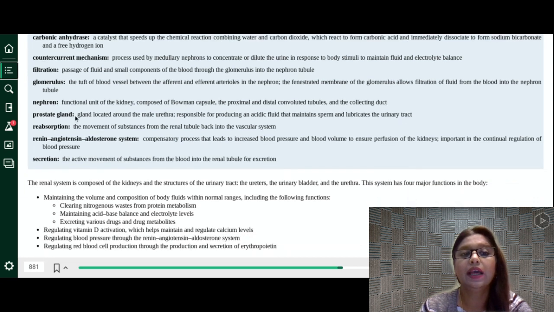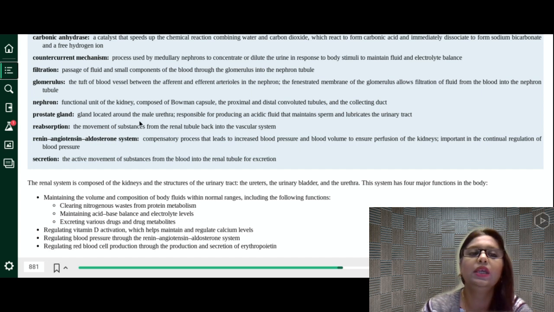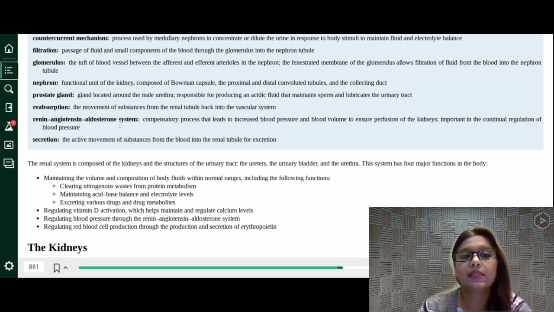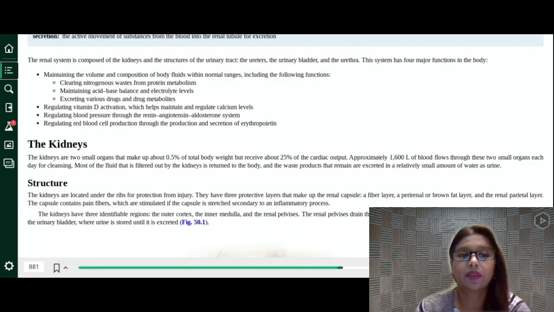Glomerulus is part of that nephron. Prostate gland: a gland present at the bottom of the bladder in males. Reabsorption: as the word says, it means reabsorbing things. Renin-angiotensin-aldosterone system: we have done this before, and we are going to review this part again today.